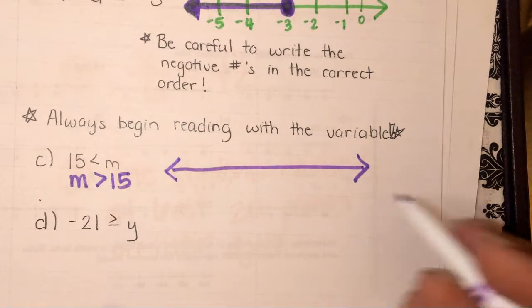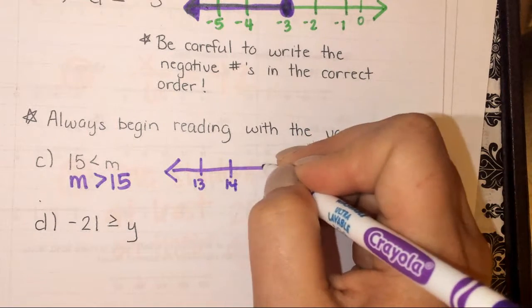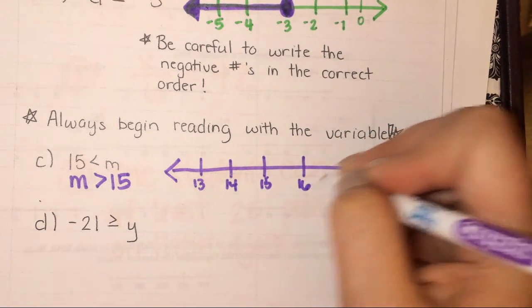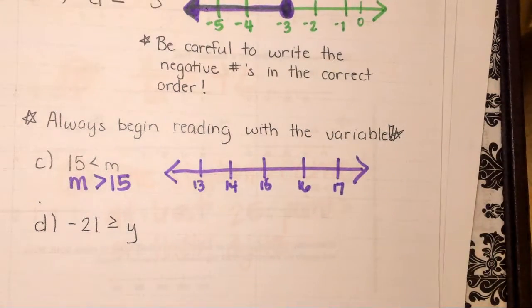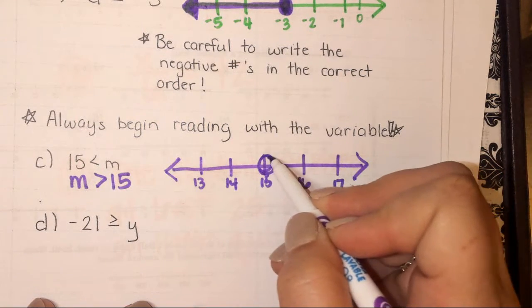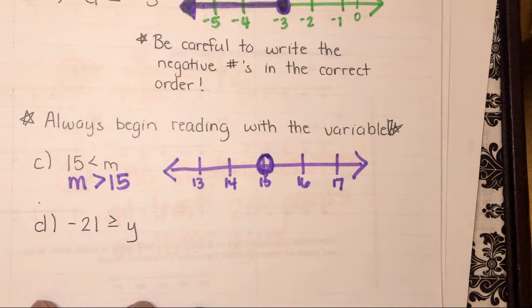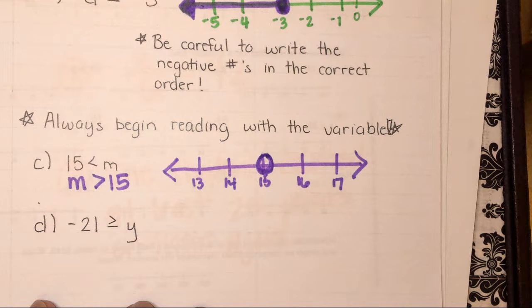Okay? So if we were to graph this, 13, 14, 15, 16, 17. Would I have an open or closed circle? Open. Open, because it doesn't have the equal to part on your sign. So open circle, and would I shade into the left or right?